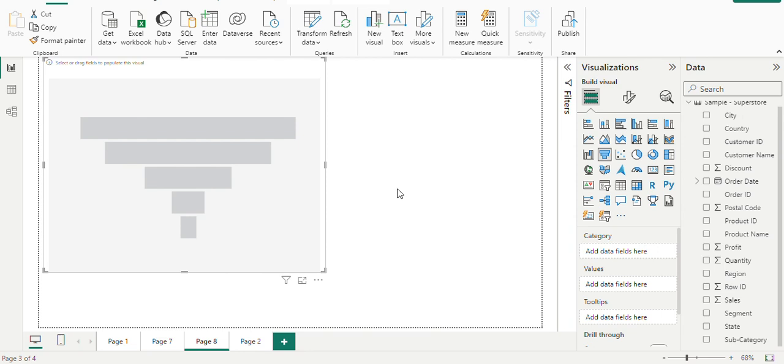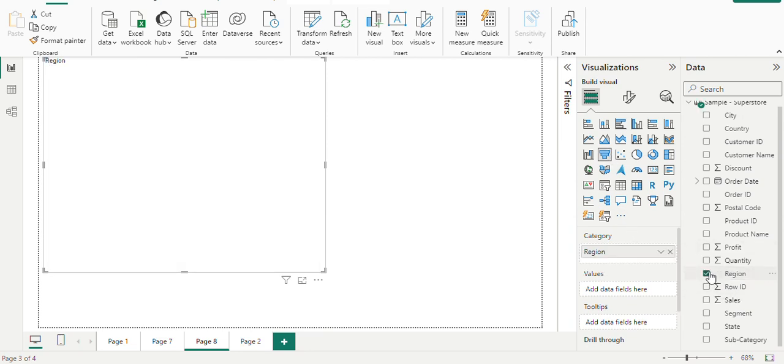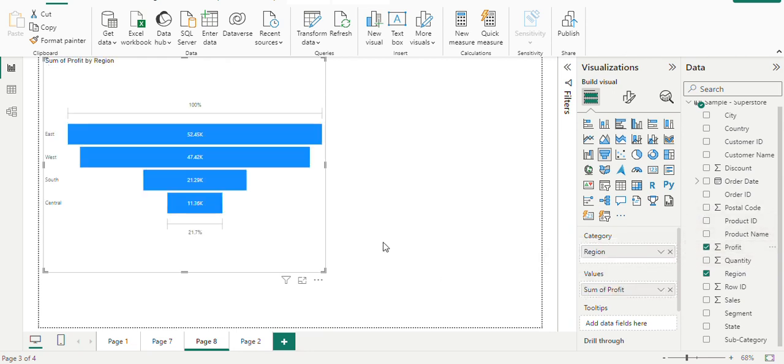So for the funnel chart, for the first example, we can see the funnel chart with category as region, and then moving on to values as sum of profit.